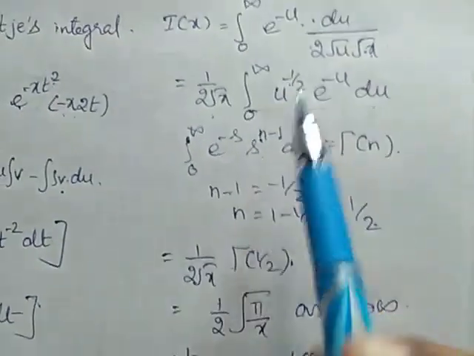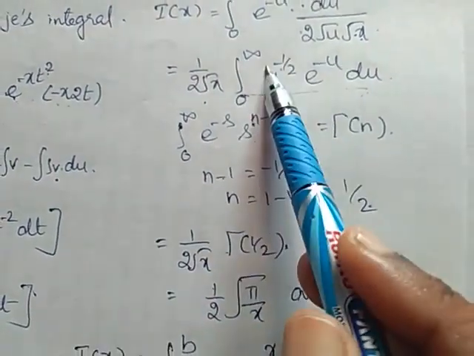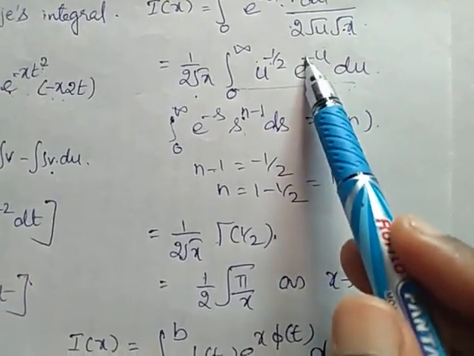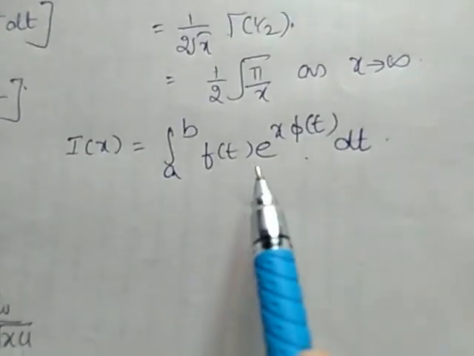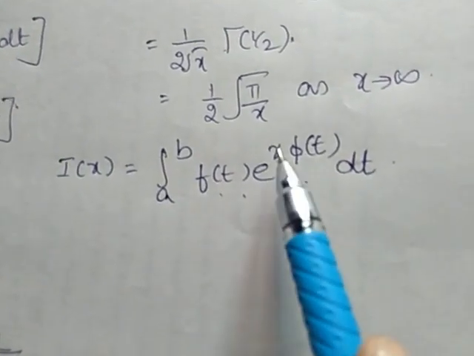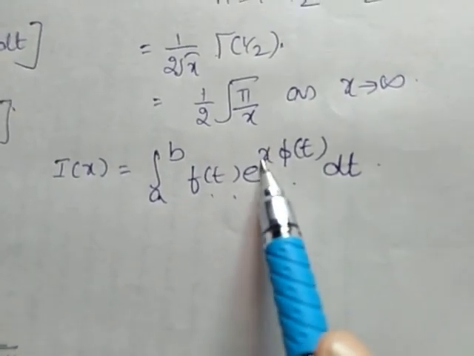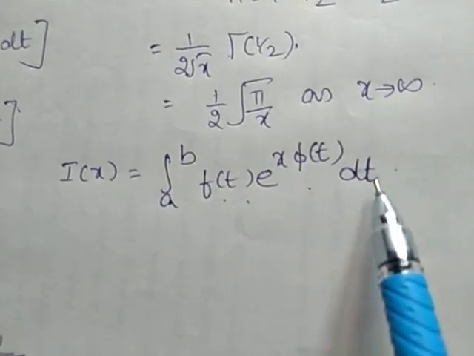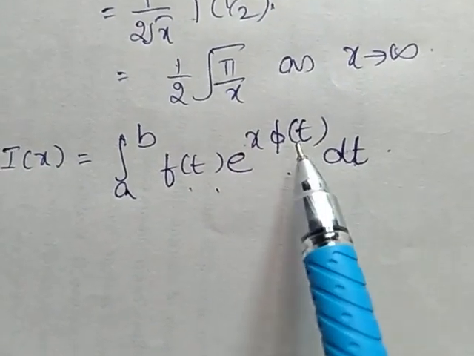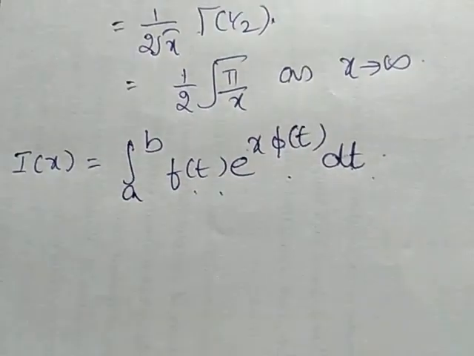See, here also we had a function of u times e power some function of u du. Same thing here: a function of t times e power a constant, x, into phi of t dt, where the integration is with respect to t.